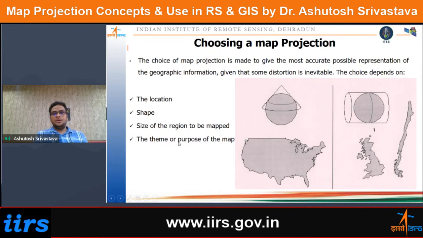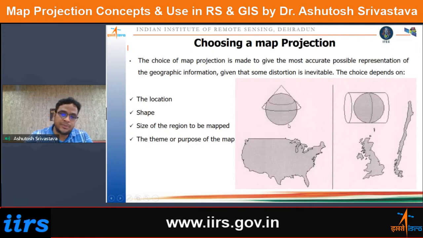As I told you, there are various kinds of datums, and from those there are various map projections available. We have to select the map projection as per our location, shape, or the requirement or purpose of the map. See, I have used LCC for the USA mapping, and Transverse Mercator we are using for the UK map.